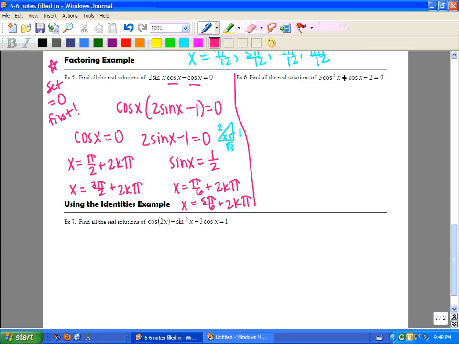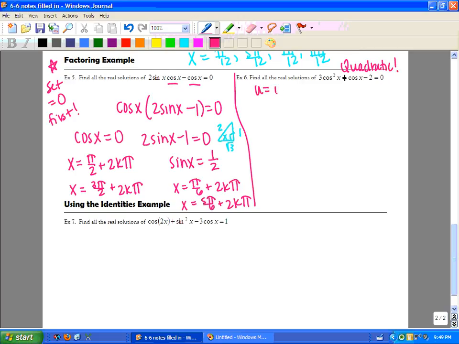For this second one here, we have 3 cosine squared x plus cosine x minus 2 equals 0. I know that this looks bad, but really this is just a quadratic equation. You could use a u substitution if you prefer that method.